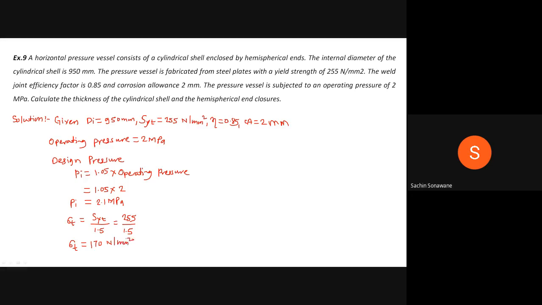Therefore, we will calculate now thickness. Those who are not writing, please write down.